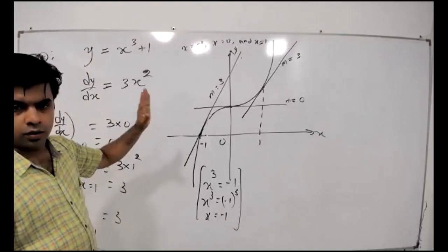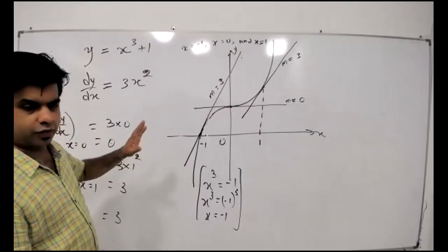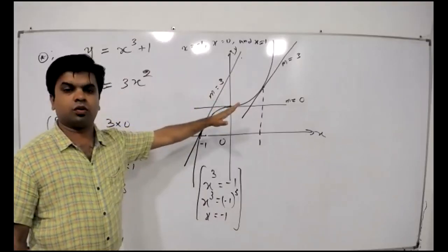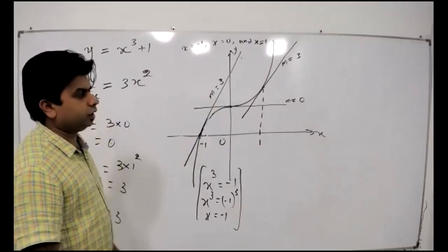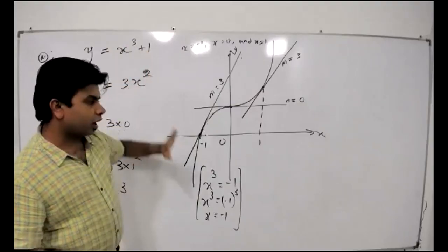Okay. The x cube plus 1 graph was given earlier. Even these graphs we can manage after the discussion of curve sketching. Up to now, the x cube plus 1 graph is like this.